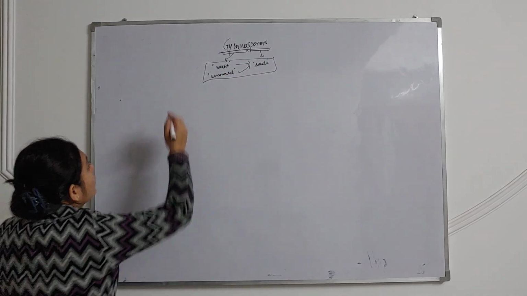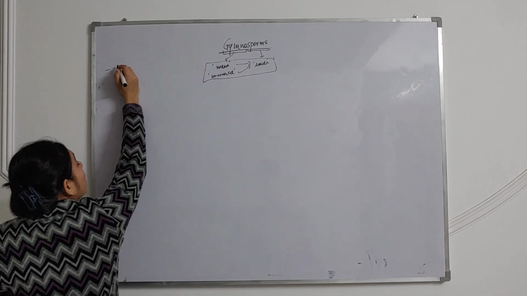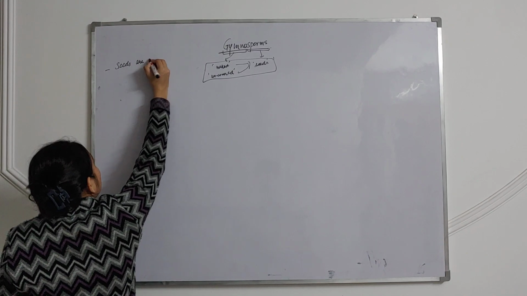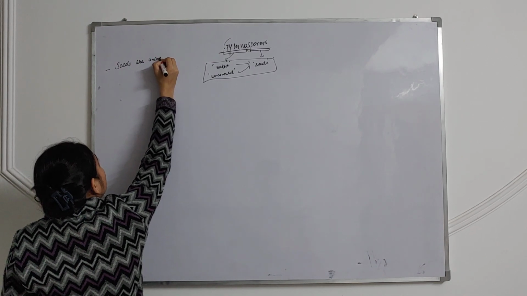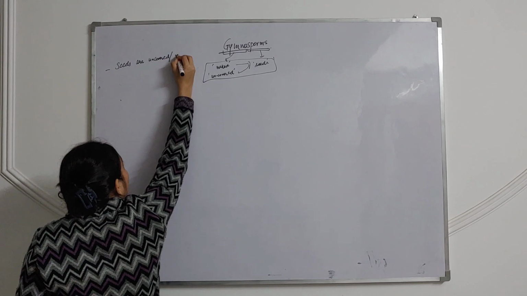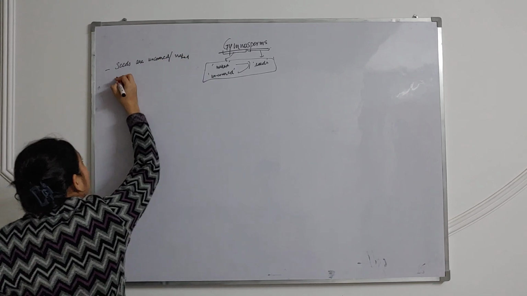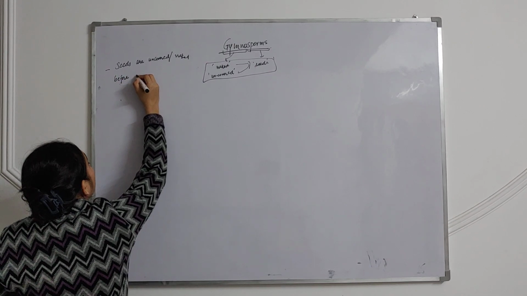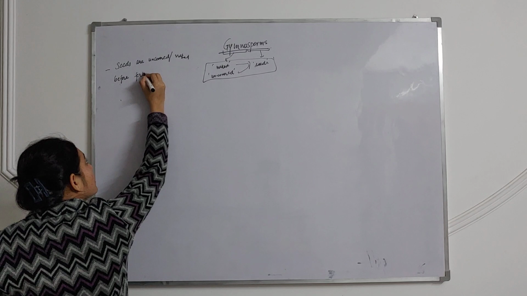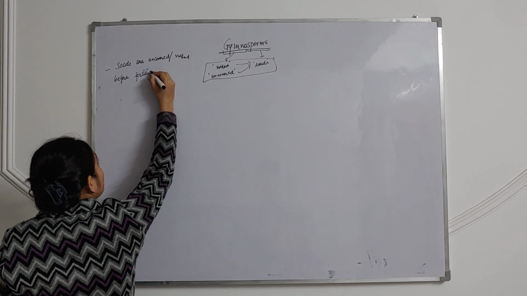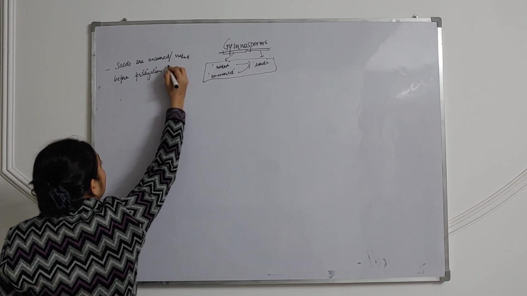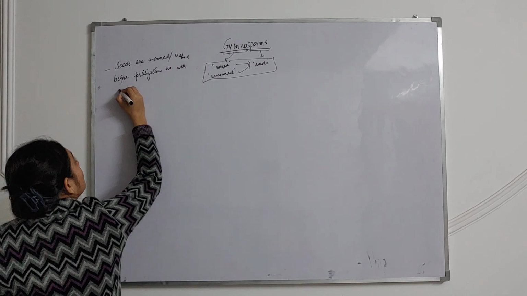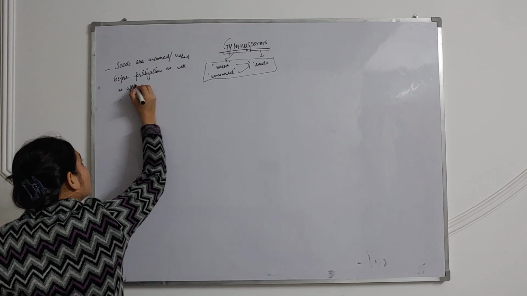So gymnosperms are plants in which seeds are uncovered or naked before fertilization as well as after fertilization also.